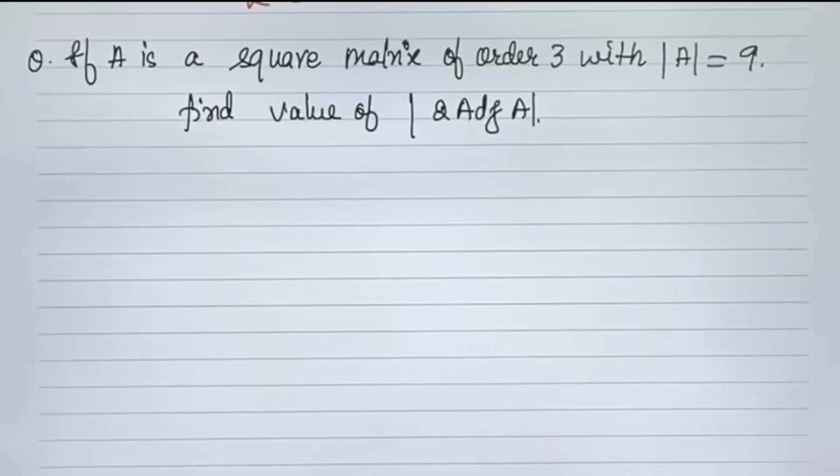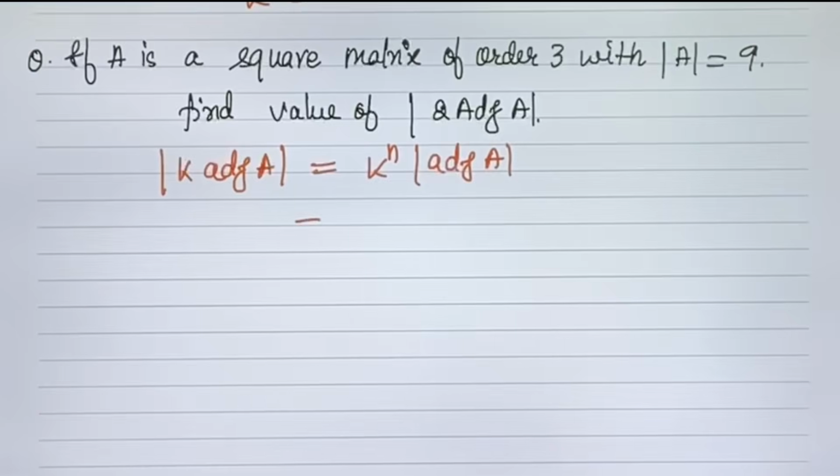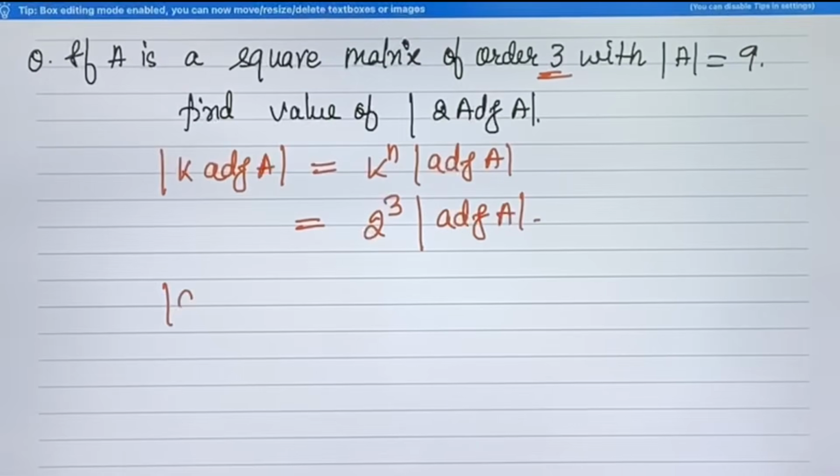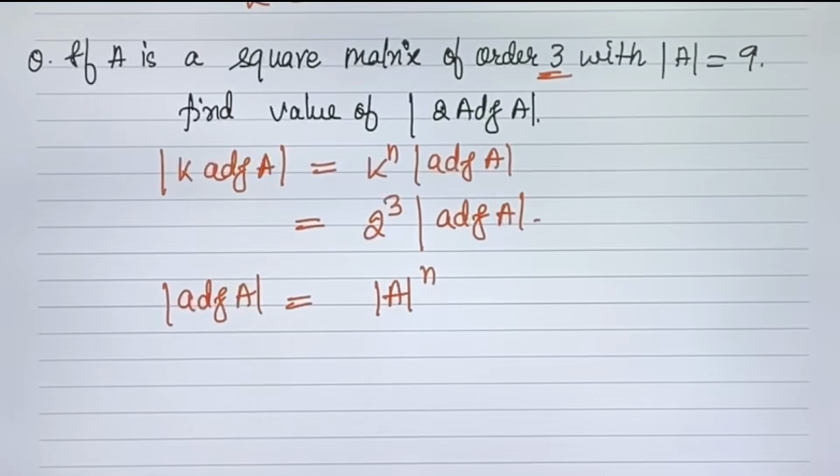If A is a square matrix of order 3 with det of A equal to 9, find the value of det of 2 adjoint of A. फॉर्मूला लिख रही हूं, आप सबके लिए बार बार लिखती हूं कि आप लोग वो लर्न कर लो, ठीक है? तो det of k into adjoint of A is equal to k to the power n det of adjoint of A, which is equal to 2 to the power order, which is 3, into det of adjoint of A. Det of adjoint of A is equal to det of A to the power n minus 1.